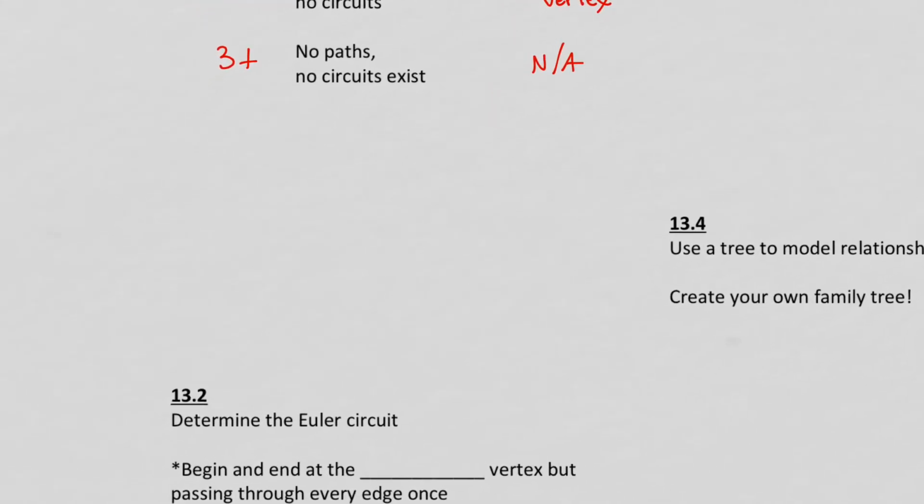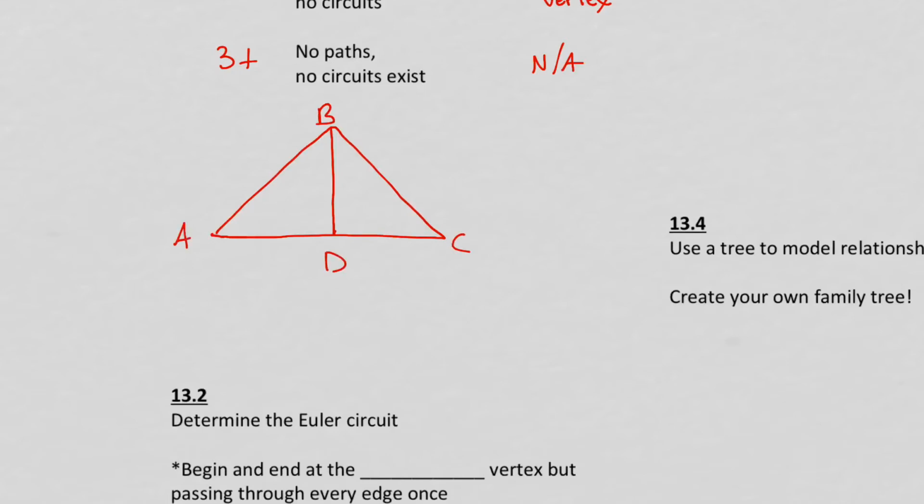So let's take an example of just a regular triangle. I'm going to draw a line in the middle and label this A, B, C, D. And we analyze our vertices and see if they're even or odd. So A has two edges connecting to it, so that's a 2.